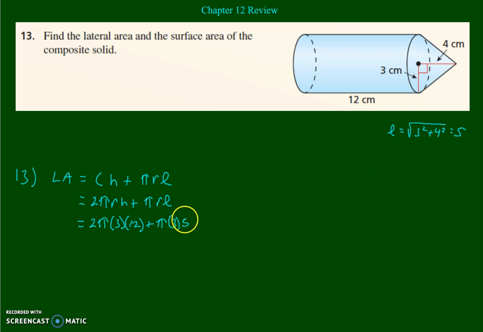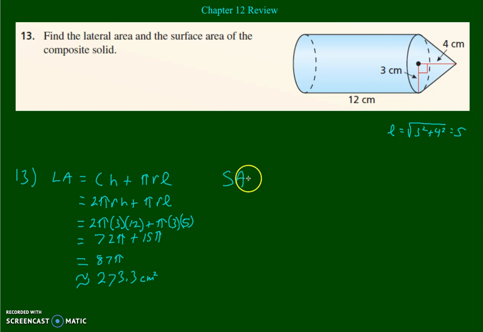So that's 5 here for slant height. And we put this in our calculator, and we get 72 pi plus 15 pi, which is 87 pi, or approximately 273.3 square centimeters.